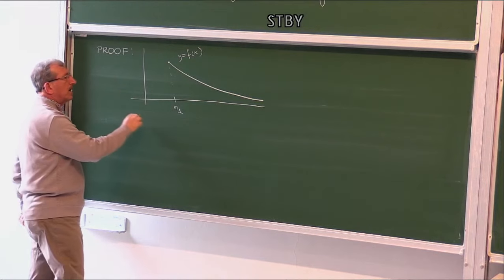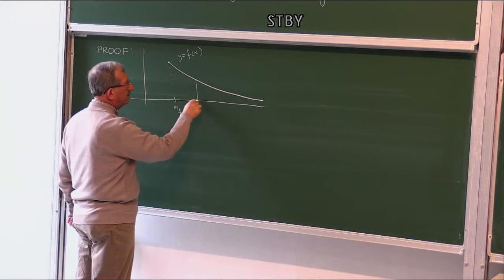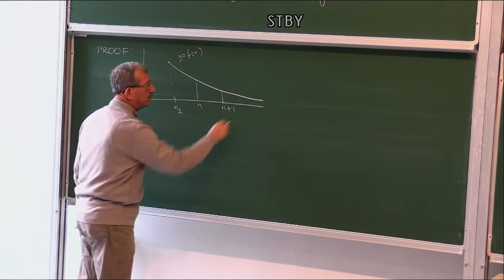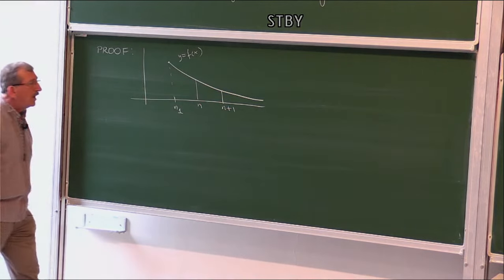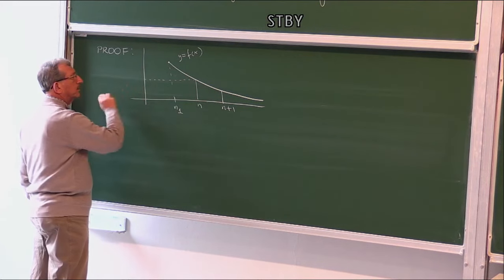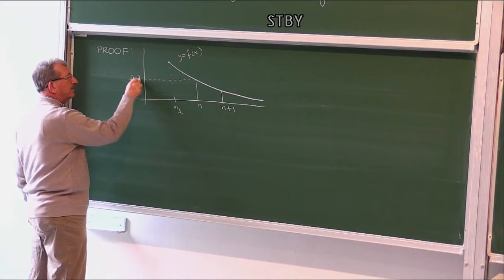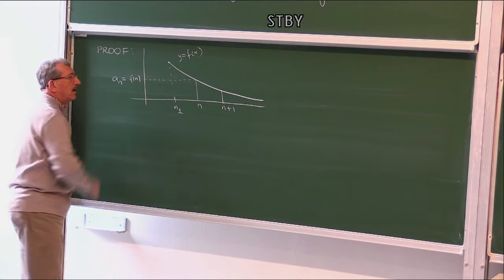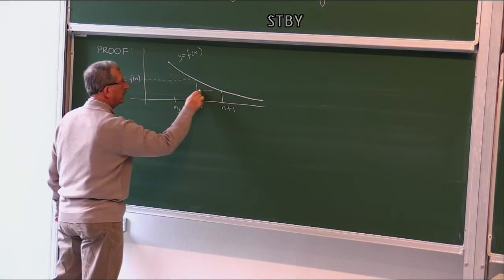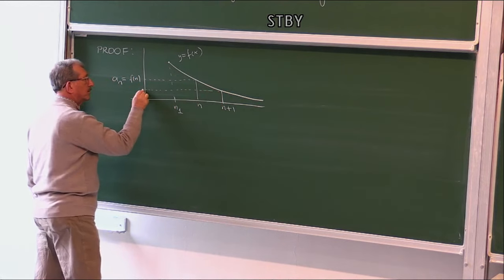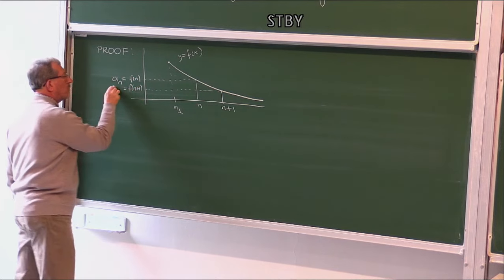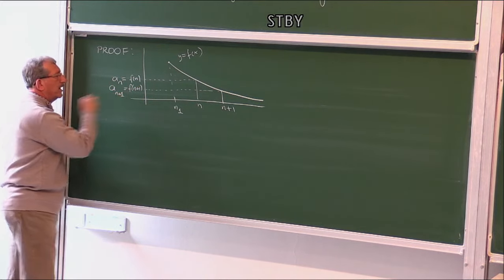Now, suppose we have an n bigger than n1 and some n plus 1. Of course, at this point, the value is f of n, but we called it an. And at this point, the value is f of n plus 1. We called it a n plus 1.